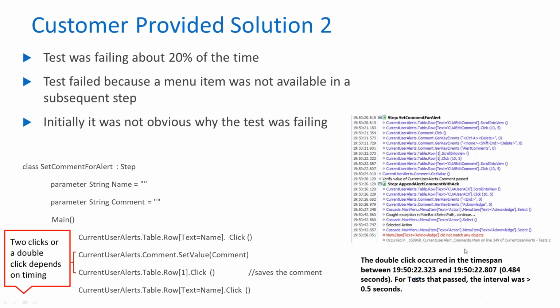So he figured it out by using the trace, looking at the timing, and then just thinking about his logic. Now, he changed the way he did this entirely. He told me that what he does instead is he actually just reopens the window to save the data rather than just clicking on another row. So he averted the problem a completely different way, but he found the problem by studying the trace.